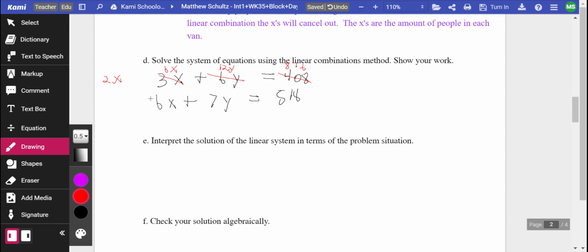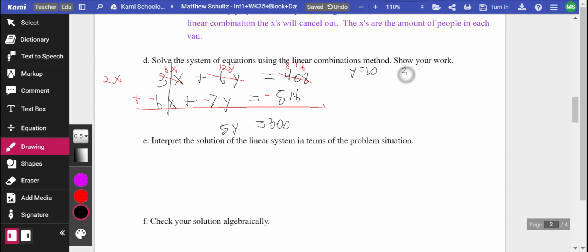Now I'm going to add it. If I add that, the 6x's will cancel out. 12y minus 7y will give me 5y. 816 minus 516 will give me 300. I take that, I divide by 5 on both sides. I will get y is equal to 60.